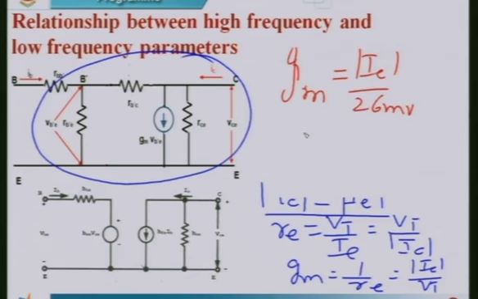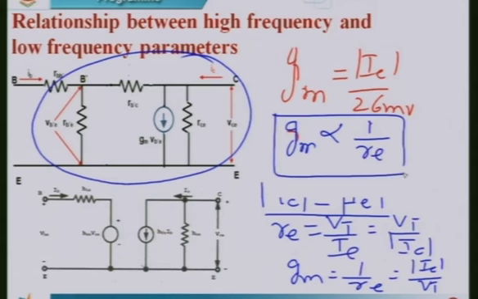It is approximately equal to 1 by r_e, so g_m is inversely proportional to the resistance r_e. This is the one relationship between the transconductance of a transistor at low frequency and high frequency.